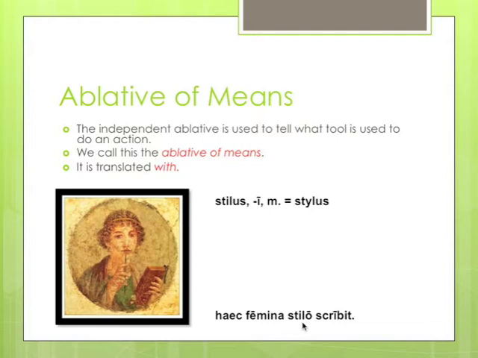If you're telling the means or the instrument or the tool with which someone is doing something, you merely put that word in the ablative. No word for with, no word like cum or anything like that, and you translate it into English as with. So this woman is writing with a stylus.